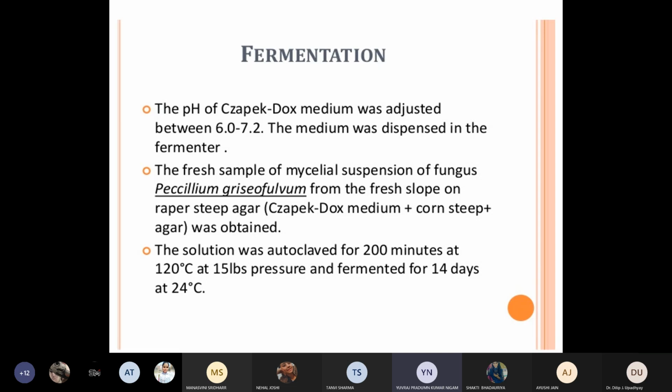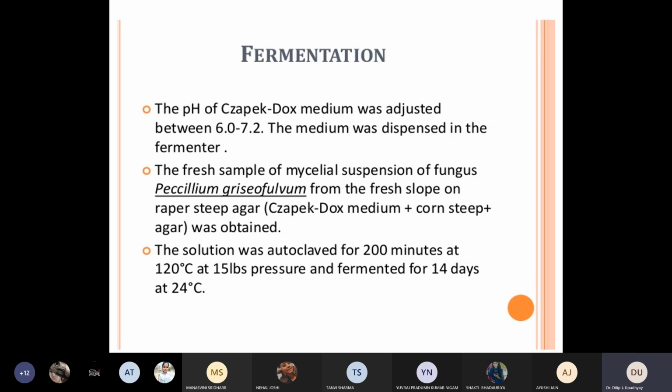The solution was autoclaved at 120 degrees Celsius and 15 pound pressure. This is a standard fermentation, for 14 days at 24 degrees Celsius. So after sterilization, you bring it to 24 degrees centigrade and then you put in the Penicillium chrysogenum.